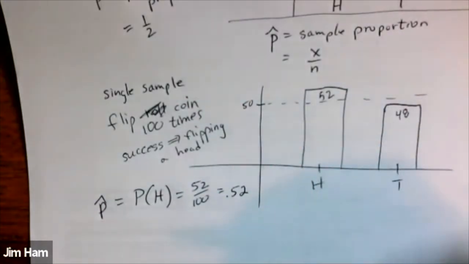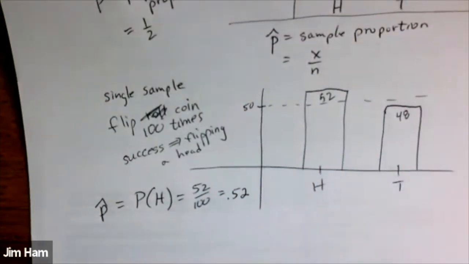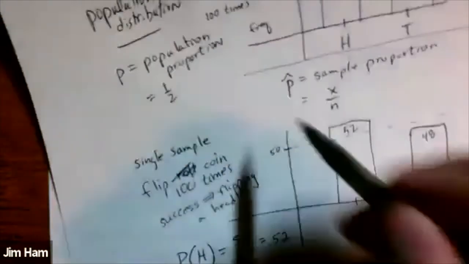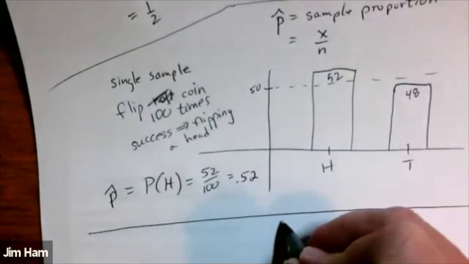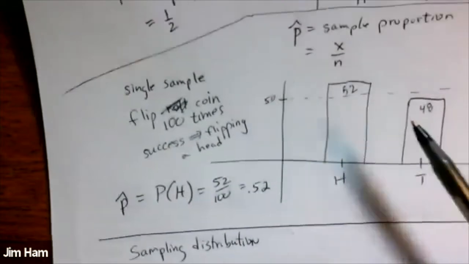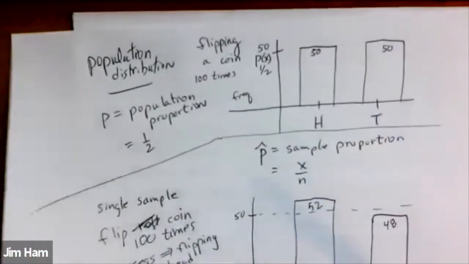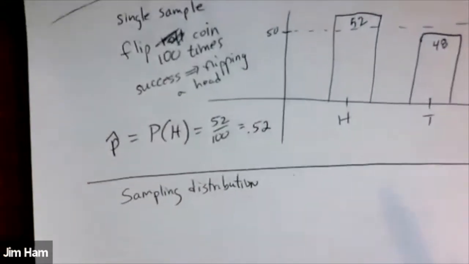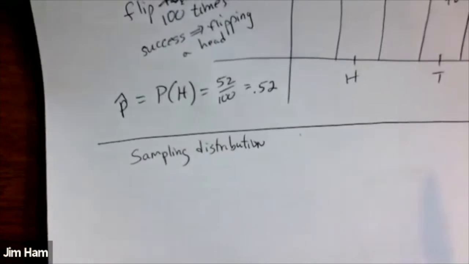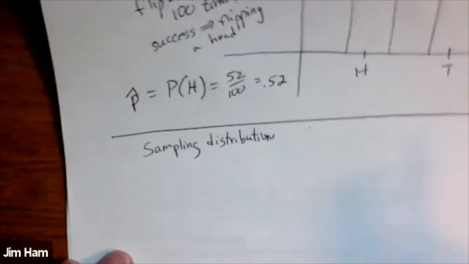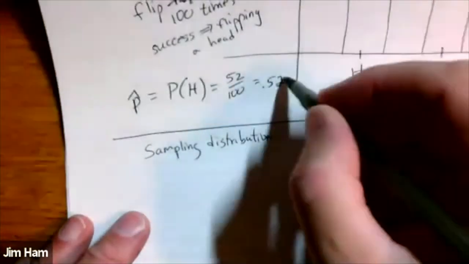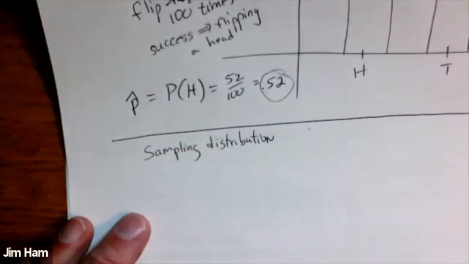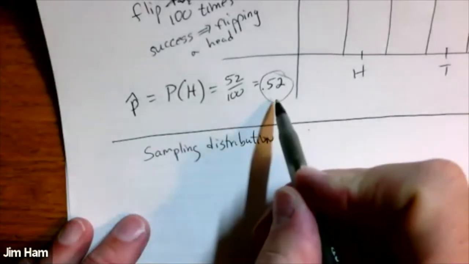All right, so here's the big jump. The third graph we're going to draw is the sampling distribution. Now these here are like bar graphs because they deal with qualitative data. The sampling distribution is a different animal, because what we're going to do is take a random sample of 100 coin tosses and calculate the sample proportion in each case.